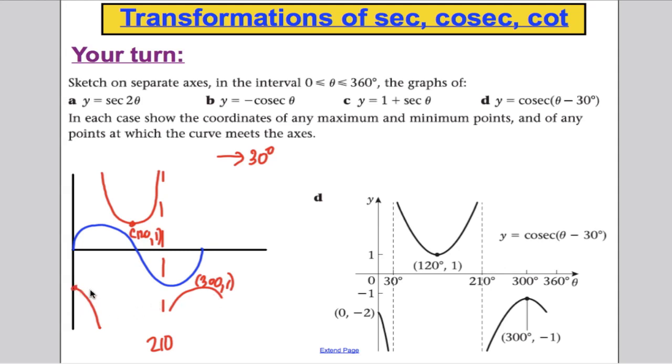This point here is 0, minus 2. How could we work that point out? Well, we would put 0 in as our theta, and we would work out cosec of minus 30, which would give us the answer minus 2, and hence we have those transformations.